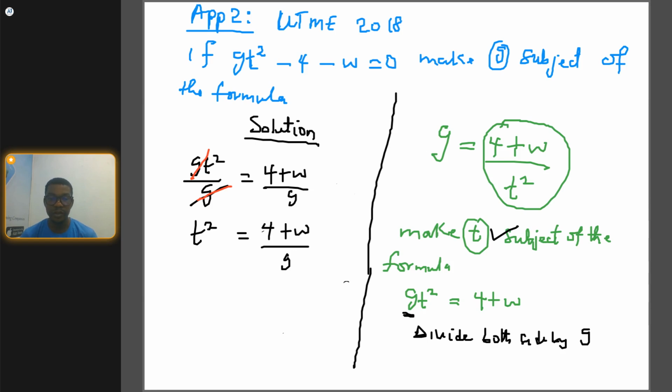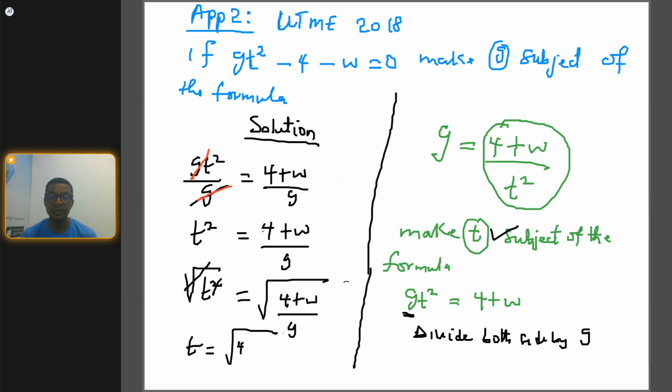So we have square root of t squared equals square root of 4 plus w over g. So square cancels square root. T equals square root of 4 plus w over g. Is that clear to us?